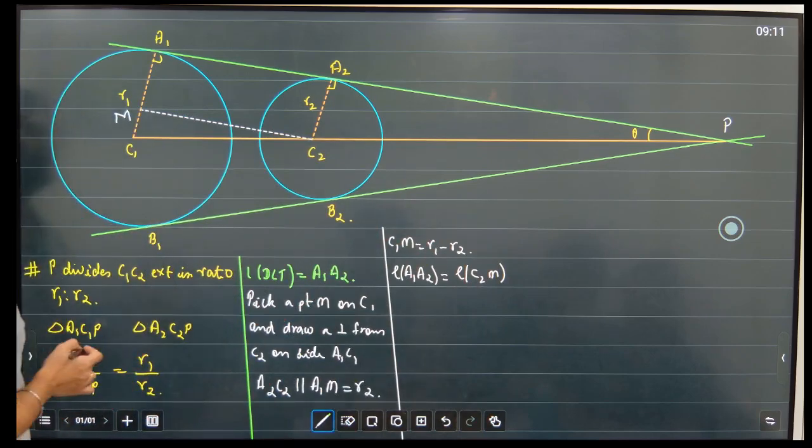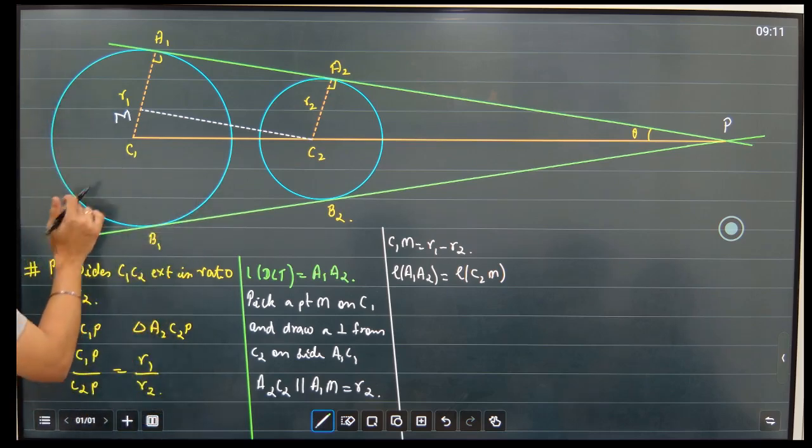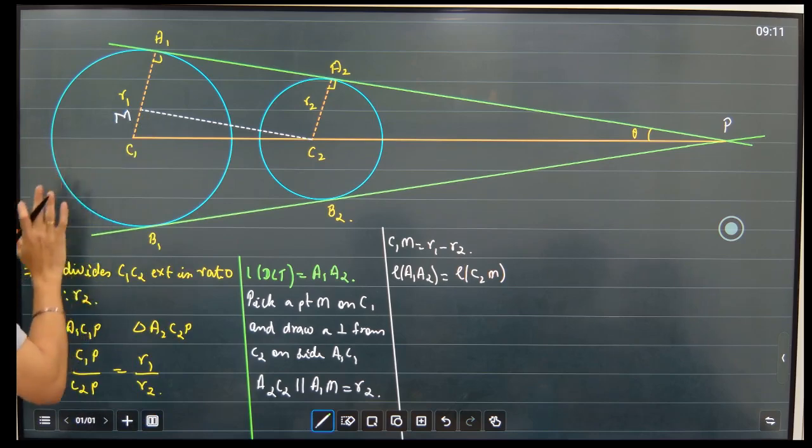अब देखो ध्यान से यार, C2M, this is C2M. It's a right angle triangle.